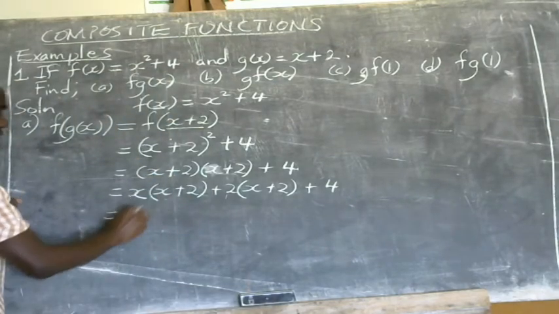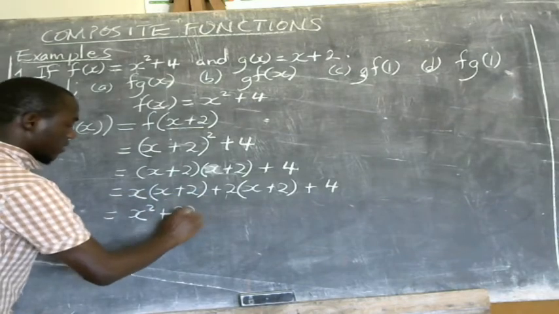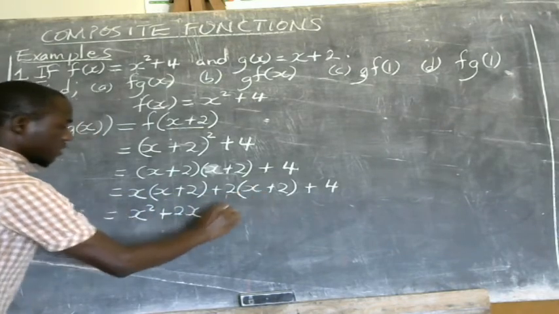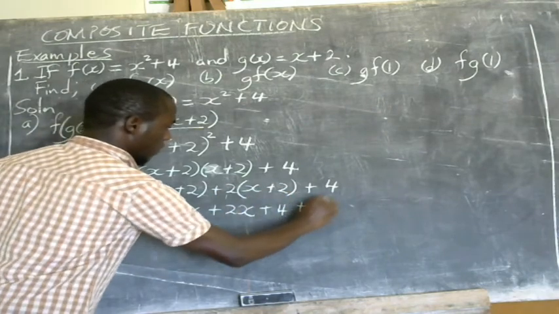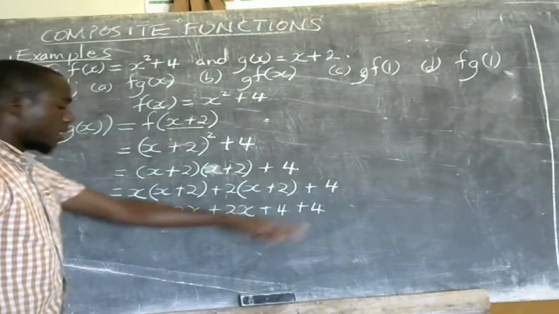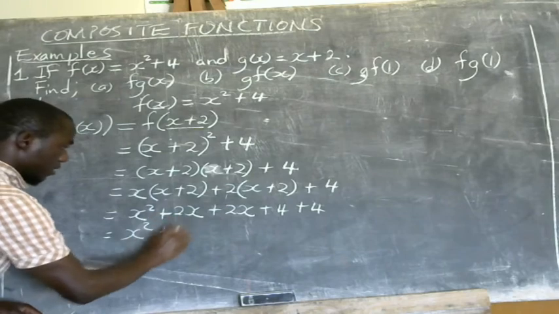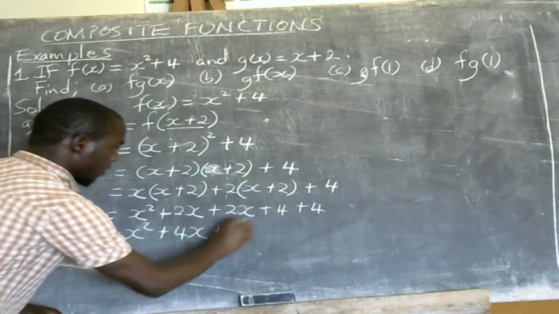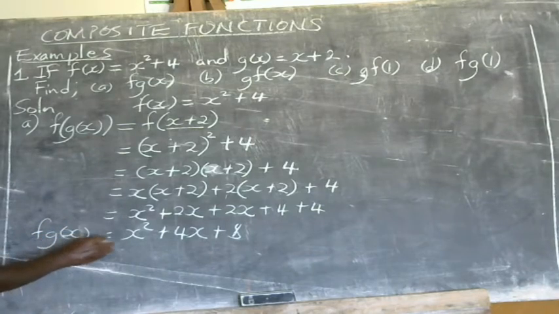So when I open here, it's going to be x squared plus 2x. When I open here, this is 2x, 2 times 2 is 4, then plus 4. That's why I was opening brackets, such that I can add these like terms. So this is going to be x squared plus 4x, then plus 8 as my f of g of x.